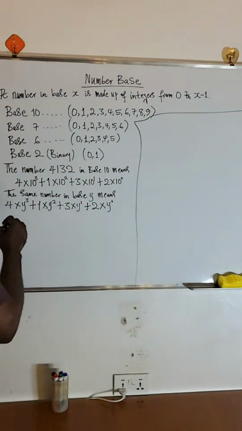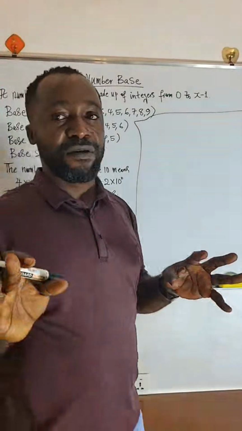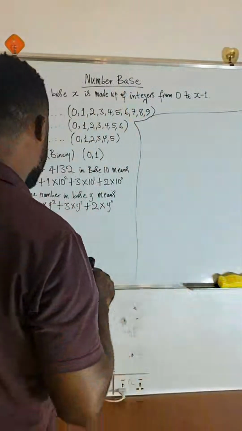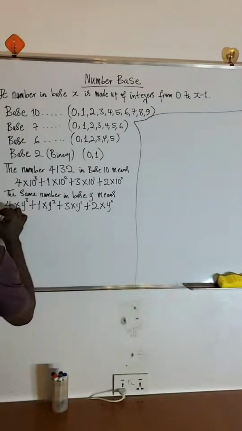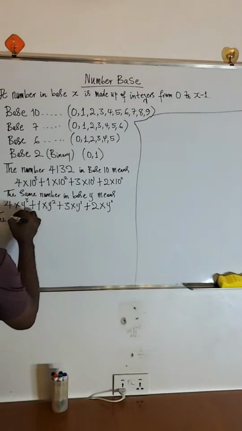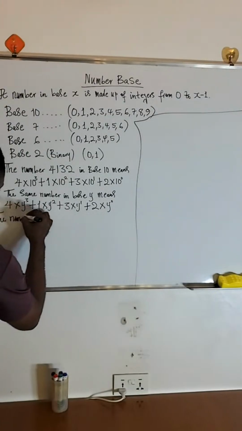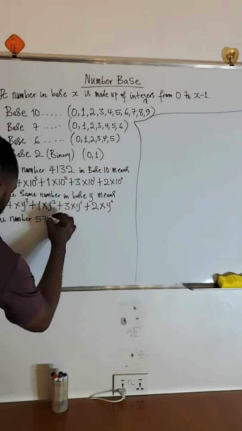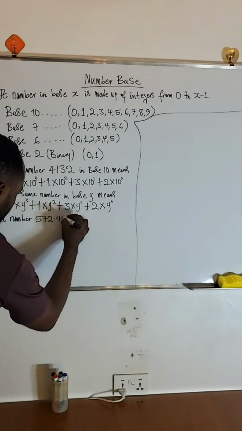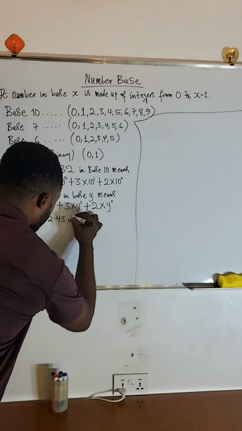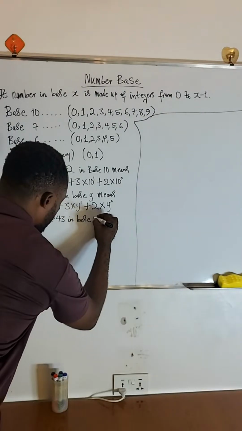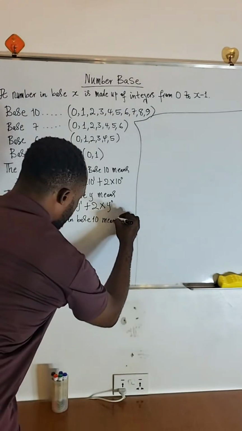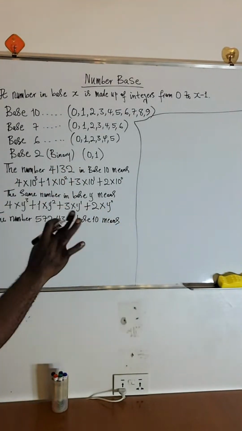Let's see if you have the number 572.43 in base 10.